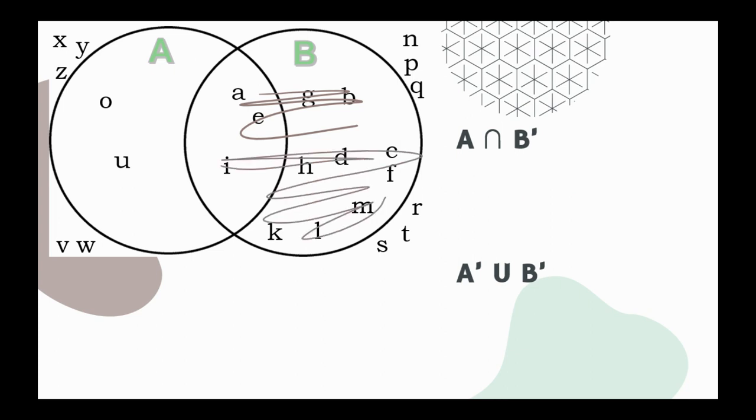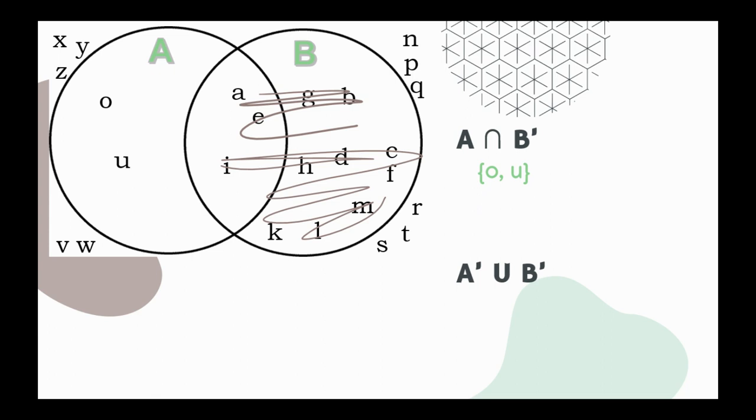Now the intersection of those two would simply be O and U, because O and U are both not in B and also in A. That's what the intersection means. That one's a little difficult. You kind of have to think about that one a little bit. That one's a thinker, okay? But I hope that makes sense to you. The intersection of A and then what's not in B is simply O and U.